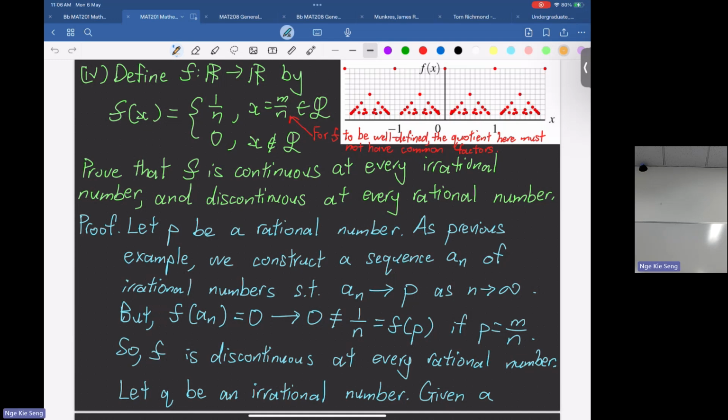Sorry, actually it is continuous at every irrational point. What is the f value at an irrational point? It's 0. We define f(x) to be 0 when x is irrational, so they form a line here.